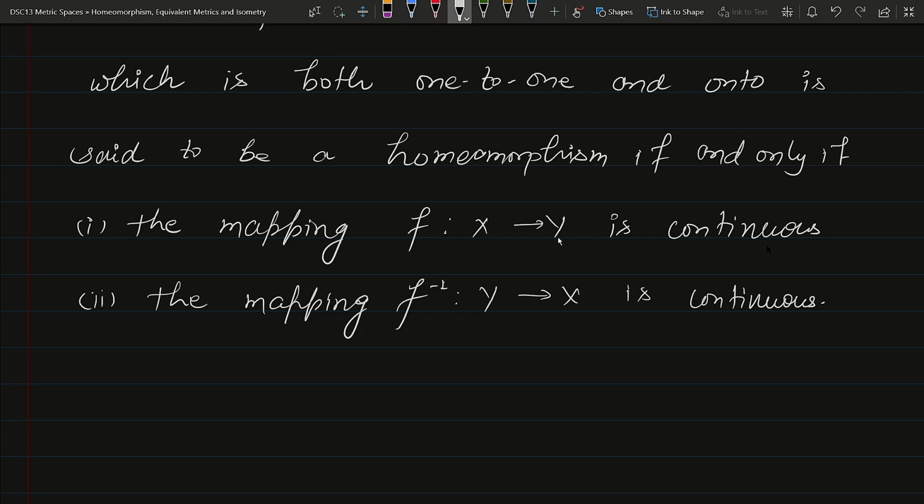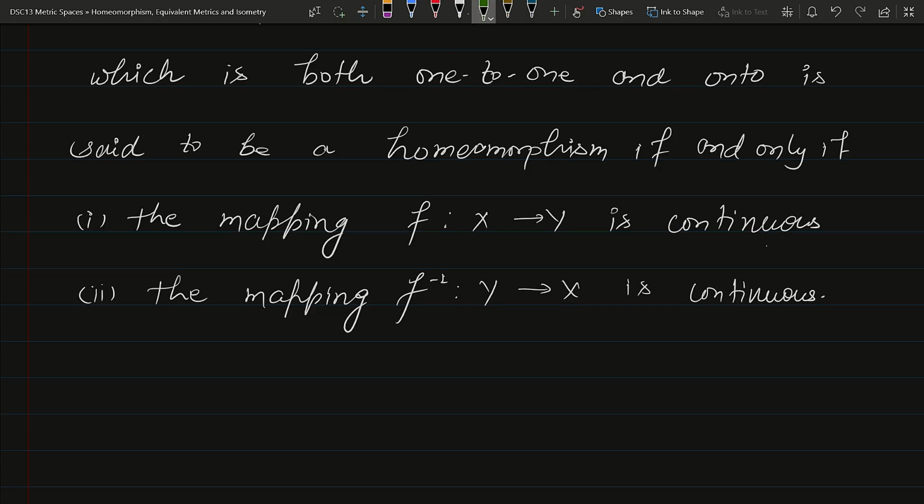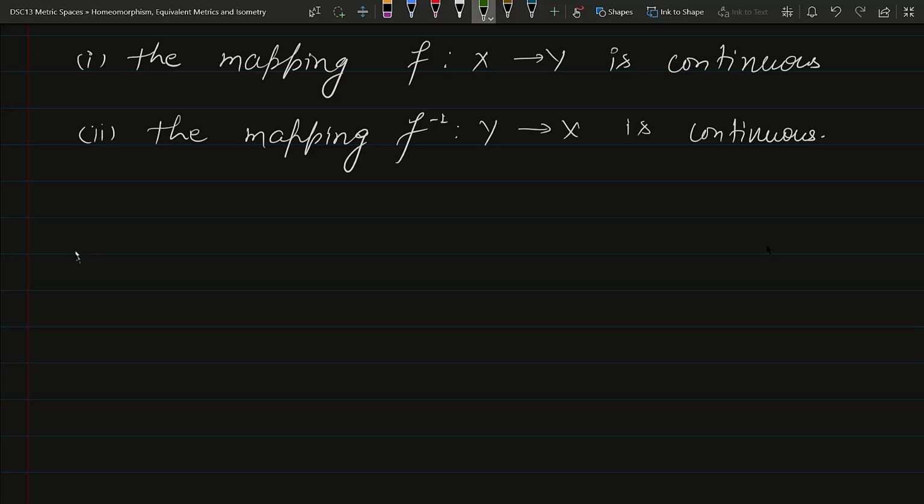Okay, and if there exists some homeomorphism between X and Y, then we call this Y the homeomorphic image of X. Let me point this out also.